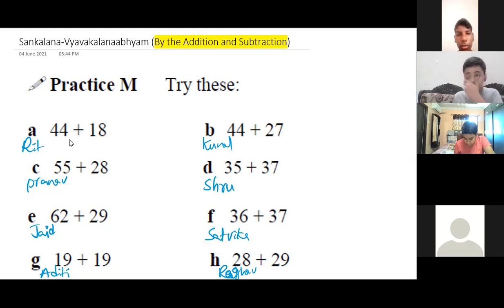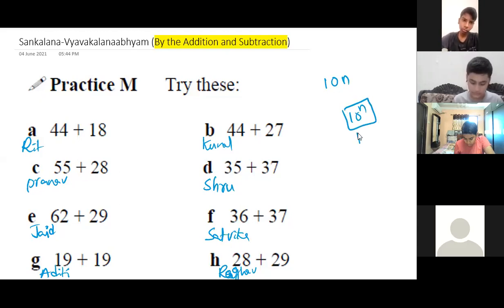Sir, what is that below, Pranav and all that? Okay, I'll tell that point again. In Vedic maths, we concentrate on 10 multiples or 10 powers. 10 powers are called base numbers, and 10 multiples are called sub base numbers.